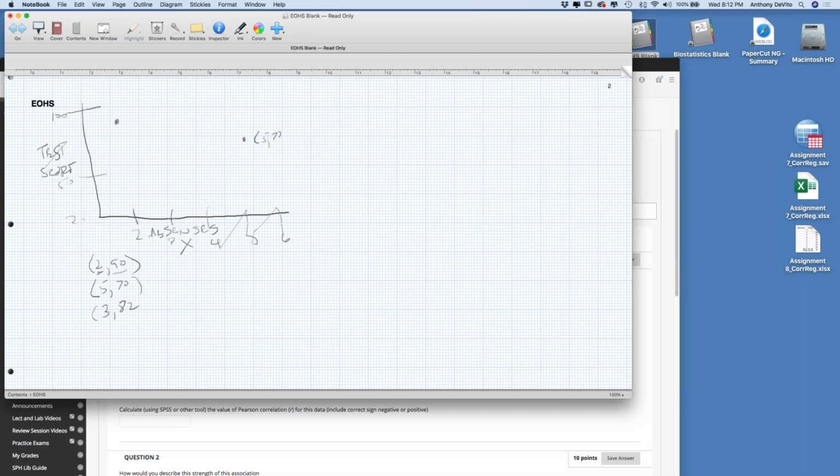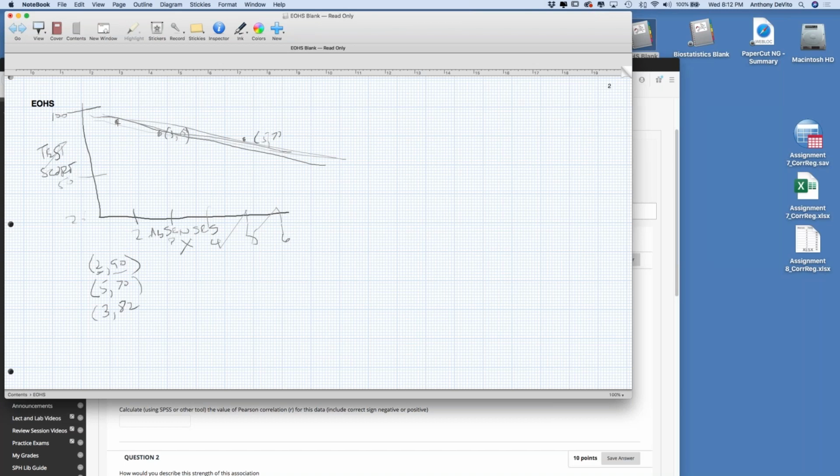So for 3 absences, this person got a score of 82, 3 and 82, so he might be over there. So you might have noticed that these are starting to line up, so that even though I can't draw a straight line that goes through all of those, I can draw a straight line that approximates the relationship between the x-axis and the y-axis, between the absences and the test scores.